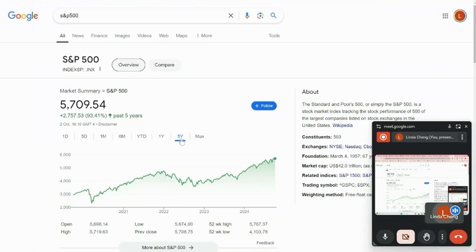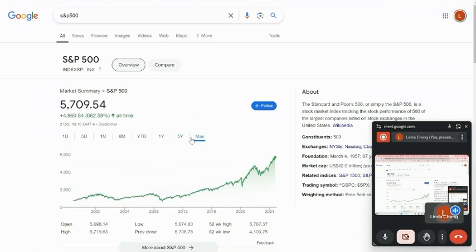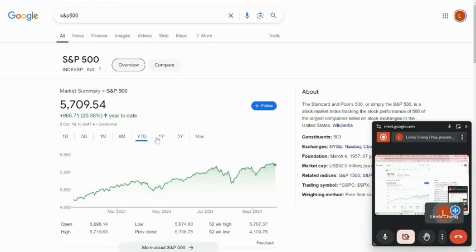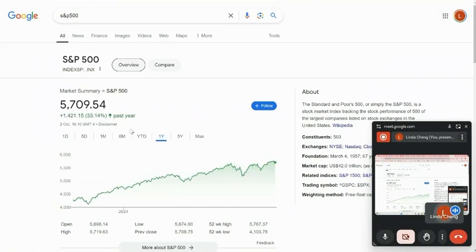Let's see the last 5. Oh, let's do max. It kind of doesn't illustrate my point, but 10% is already a very conservative measurement. So let's say your investments go up 10%, because not all of your investments will go up 33%. Some might go down, so it sort of averages out.